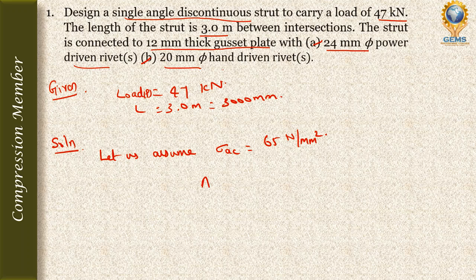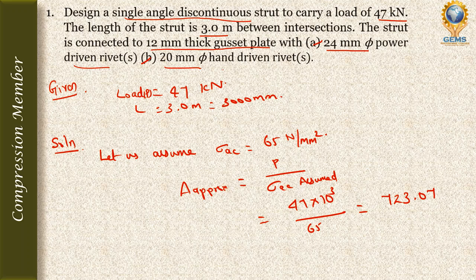So we are finding the approximate cross sectional area, that is load by sigma AC which we assumed. That is equal to 47 into 10 to the power 3 by 65 Newton per mm square. So it will come to 723.07. So this is our approximate area.